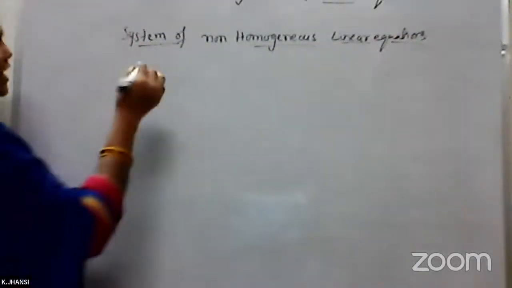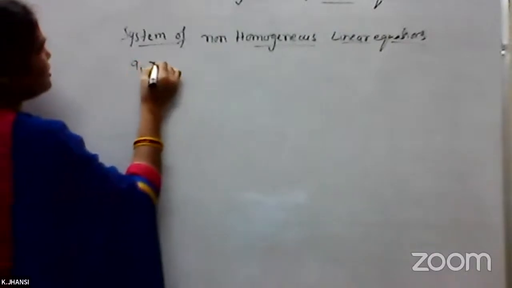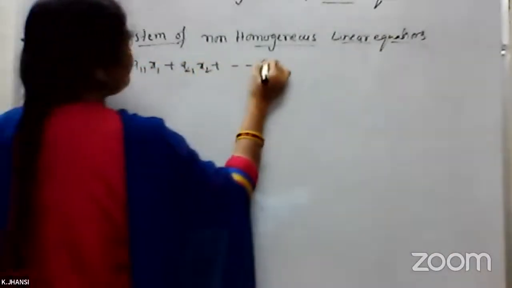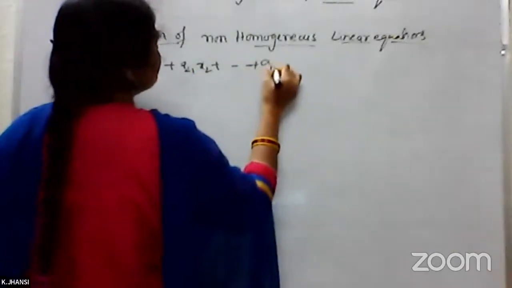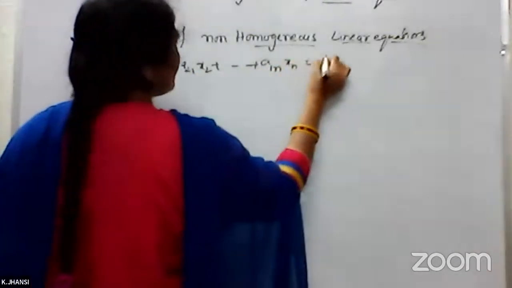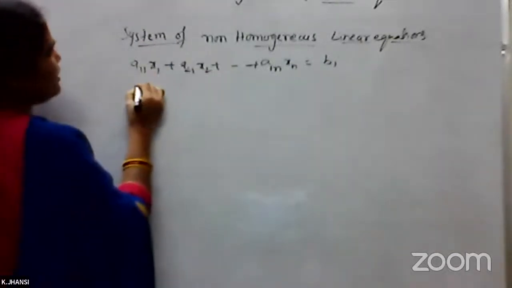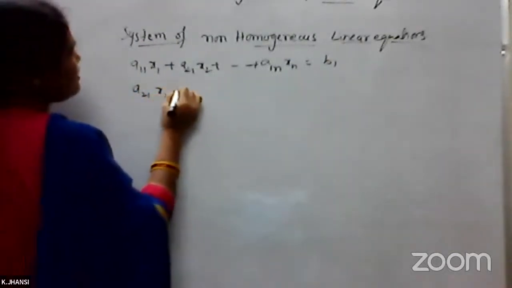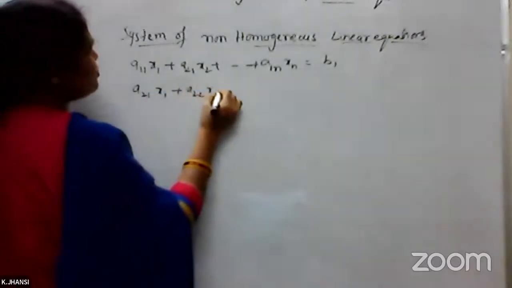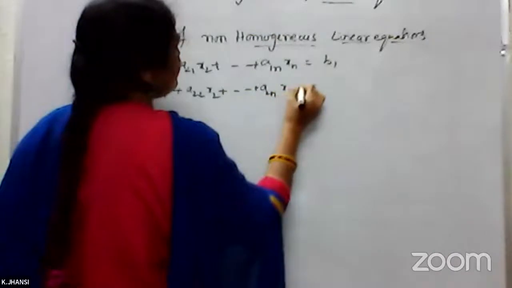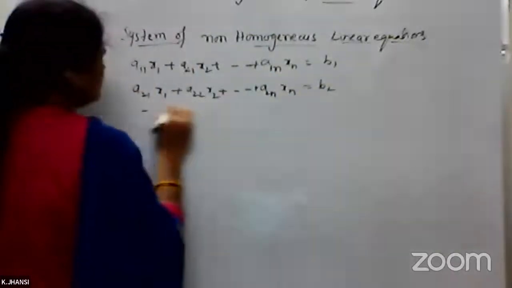In this, it is just the same: a11 x1 plus a12 x2 and so on up till a1n xn equals b1. Instead of 0, you will have one more value there: a21 x1 plus a22 x2, and so on up till a2n xn equals b2.